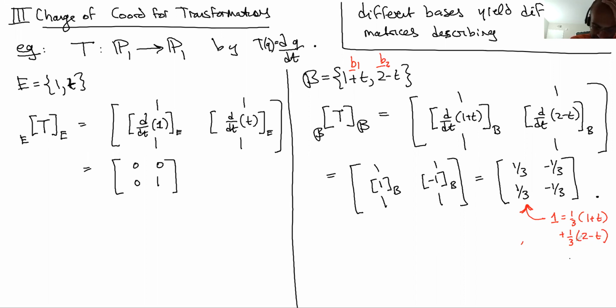Does that answer the question? Oh, yeah. So different matrices describing the same transformation T. So before I proceed, any questions?